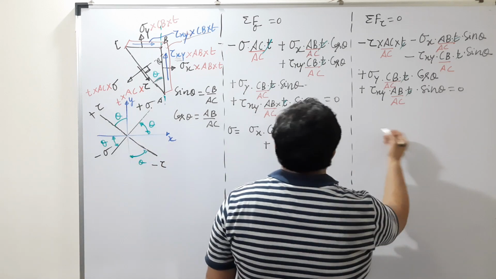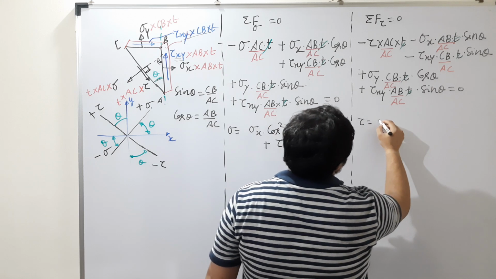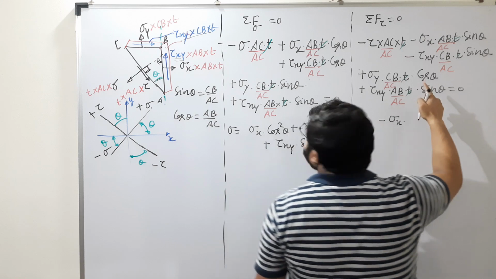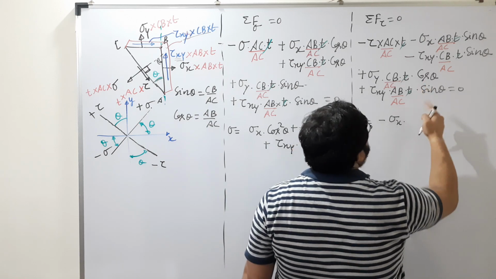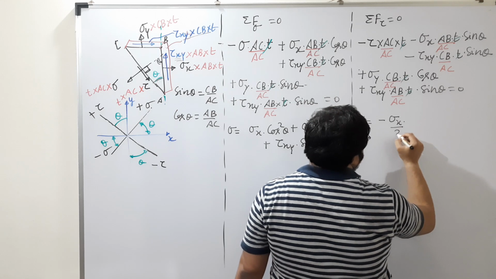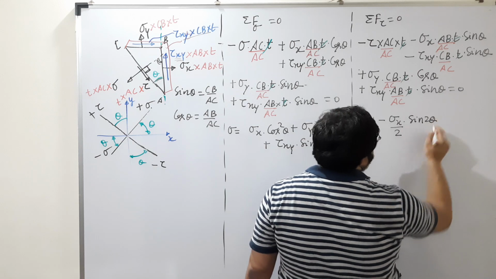Here again the same thing. Here if you put tau on that side, tau will be equal to minus sigma x, and then AB upon AC is cos theta. So we can write cos theta, we will divide by 2, multiply by 2, then it will become sine 2 theta.